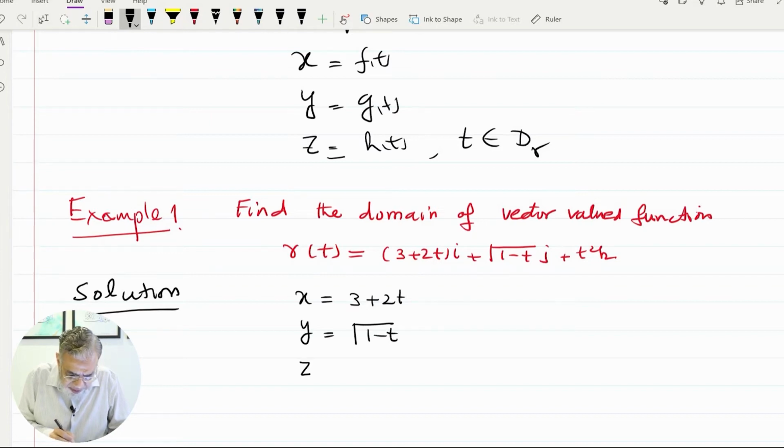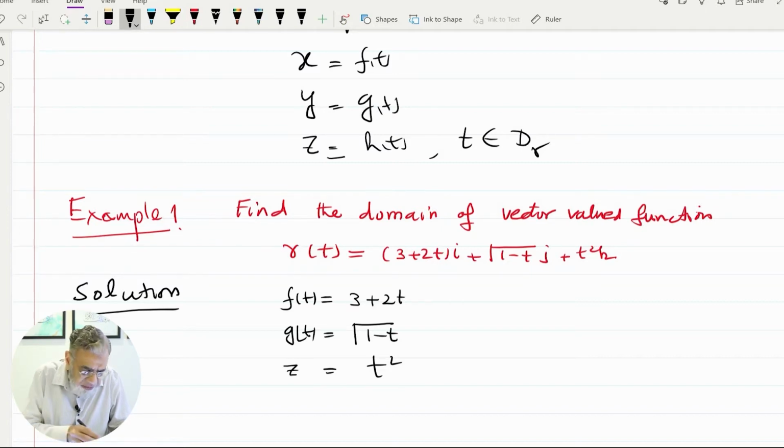Then z is equal to root of t square. This x, y, z we can replace by f of t, g of t, and h of t.